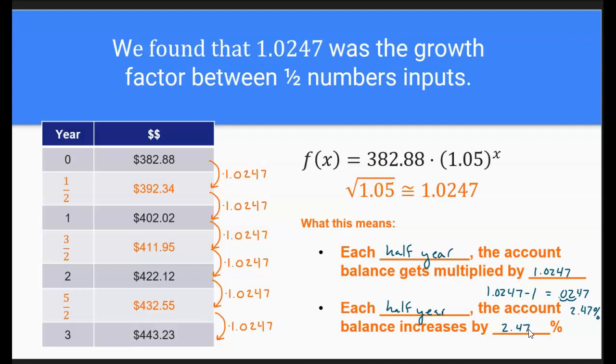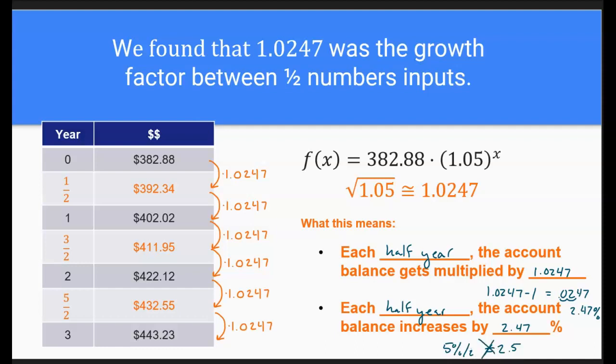So every half year, the account balance increases by 2.47%. We figured out the percentage rate for a half year. They told us initially that the percentage rate for a full year was 5%. The percentage rate for a half year is 2.47%. Notice this is not exactly the same as 5% divided by 2, which would be 2.5%.